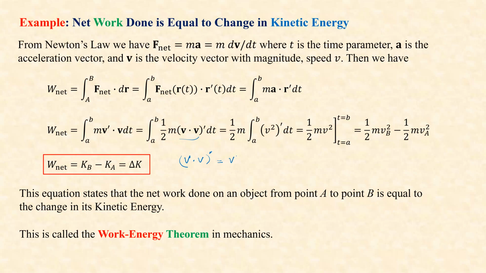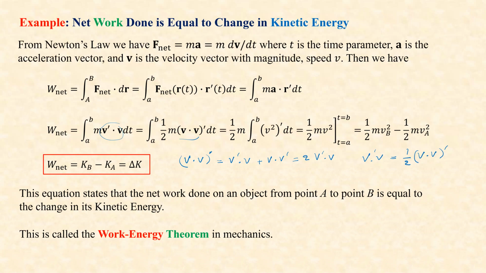So it becomes v prime dot v plus v dot v prime. But these are the same. Dot product is commutative. So it becomes twice v prime dot v. But here we have one of them. So v prime dot v becomes 1/2 v dot v prime. That's where the 1/2 comes from. Somebody else? Okay. Any questions?